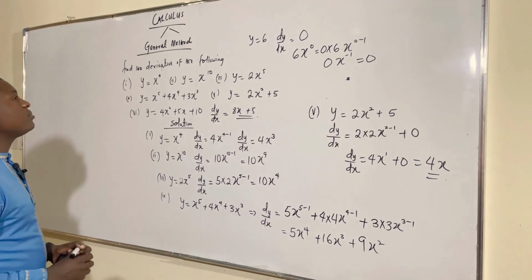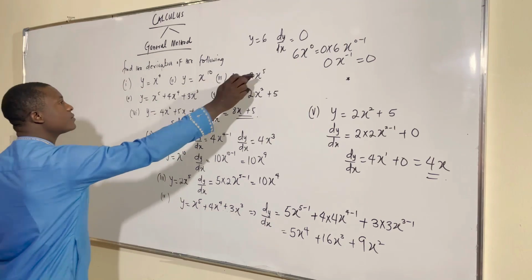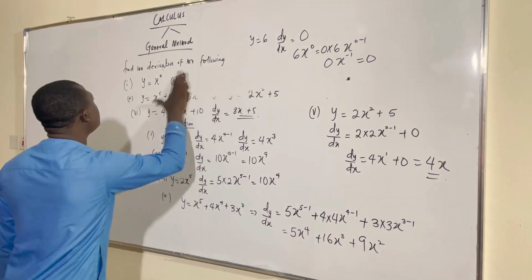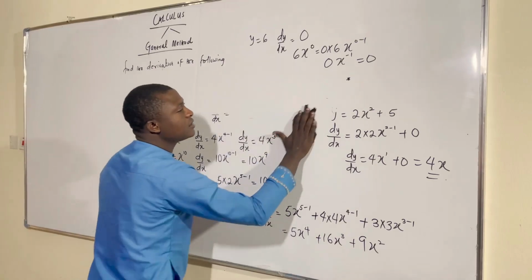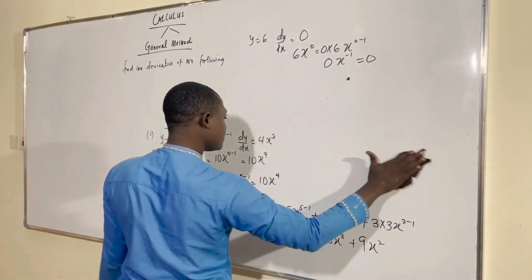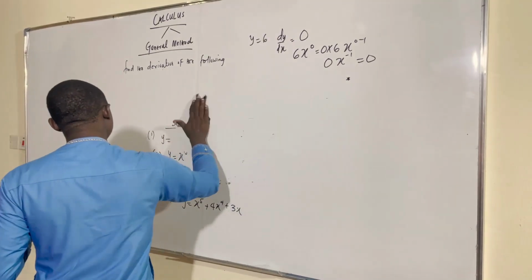So let's bring more examples of how they can complicate this general method. Maybe let me find the derivative of the following. Let's look at this, another one.